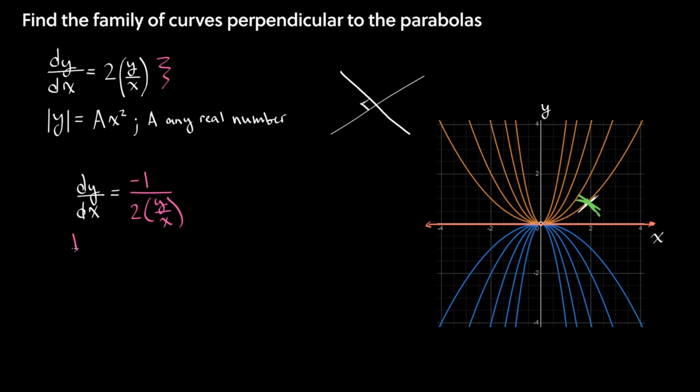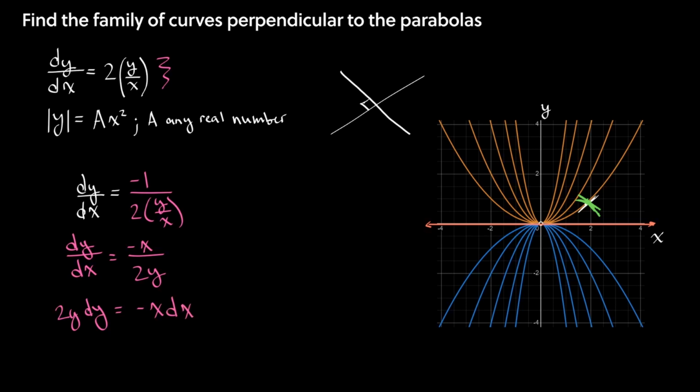So I'm going to rewrite this as dy/dx is equal to negative x over 2y. Now let's multiply both sides by 2y, and we're going to get 2y times dy on this left-hand side, and then multiplying both sides by dx, we get negative x times dx on this right-hand side.